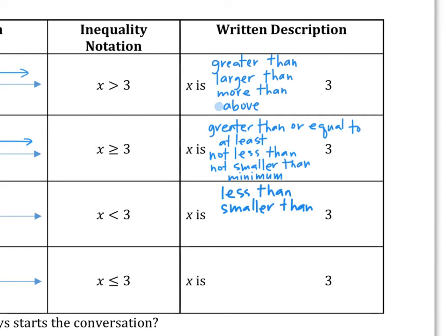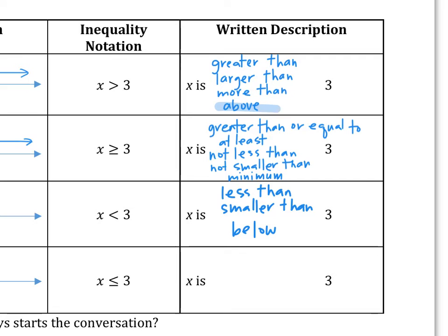And then the last one, above. So what is the opposite word of above? That would be below. So when you say x is below 3, you're not saying 3 or less. You're just saying smaller than 3. Okay, so not equal to 3.